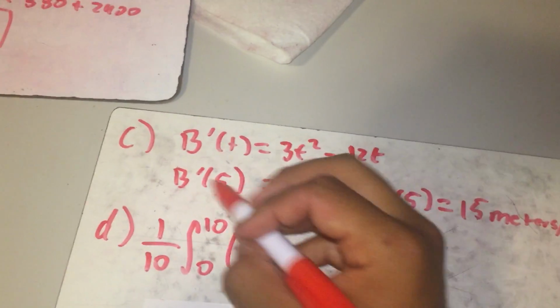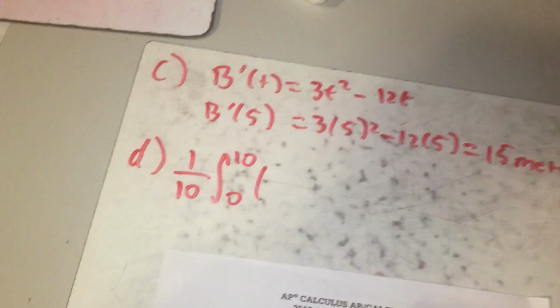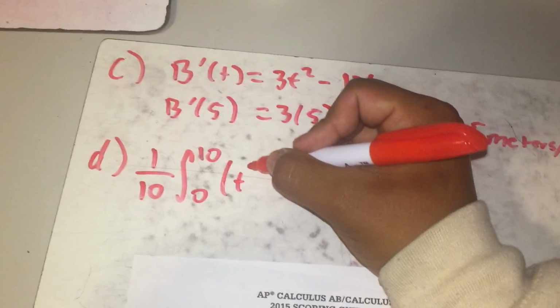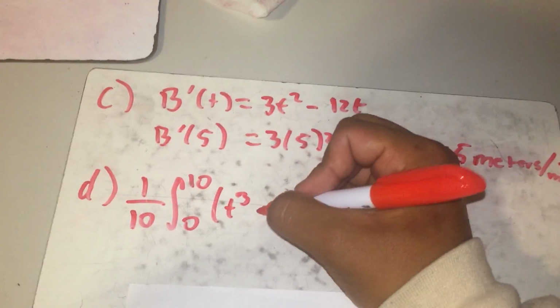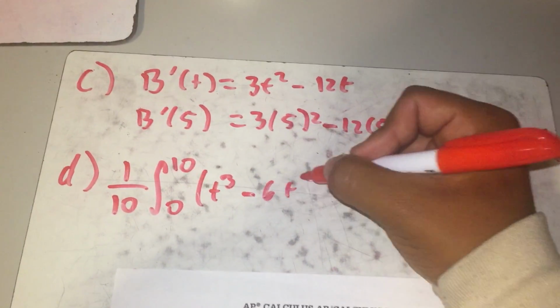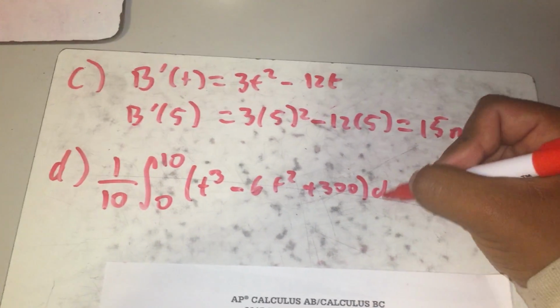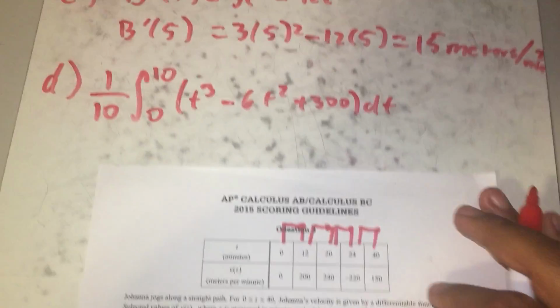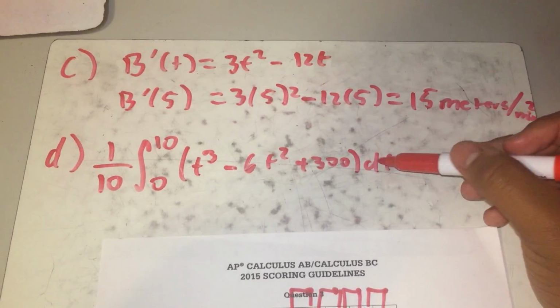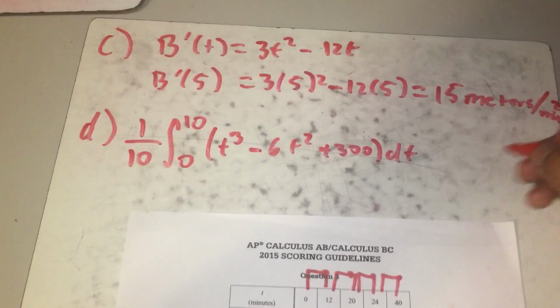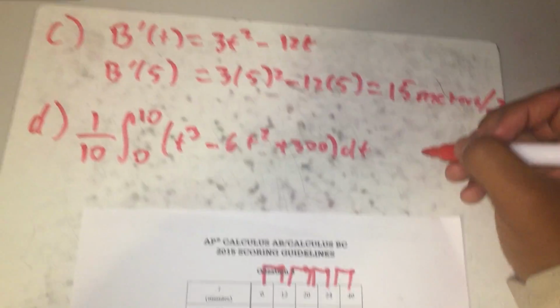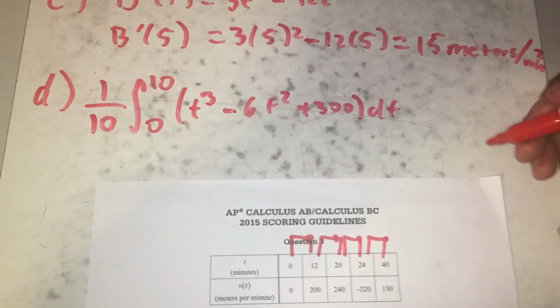And we have to take Bob's velocity, which is t cubed minus 6t squared plus 300 dt. Notice how we don't use absolute value. We only use absolute values when it's total distance. In this case, we're just using average velocity.